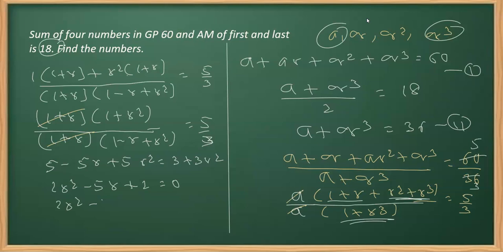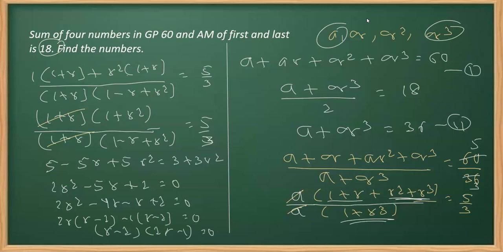This can be written as 2R square minus 4R minus R plus 2 is equal to 0. As you can see, we have 2R common from the first two terms, so it's R minus 2. And taking minus 1 common is R minus 2 equal to 0. That means R minus 2 and 2R minus 1 is equal to 0.